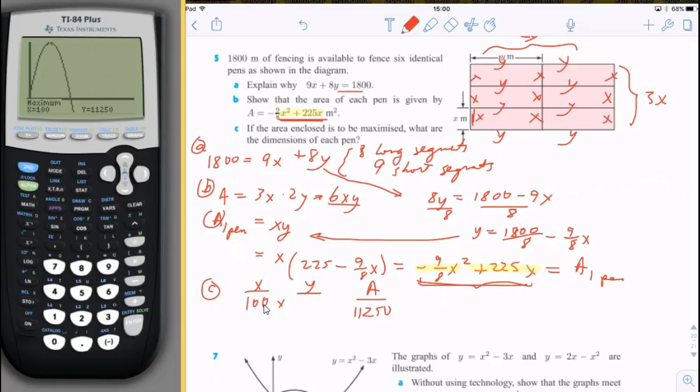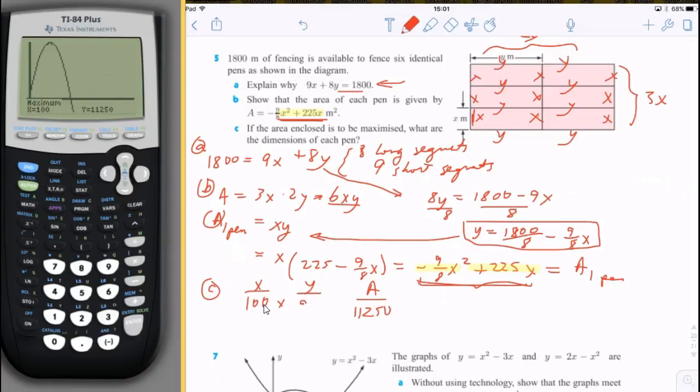Well, we can find the y dimension by using one of these equations here, this equation here, right? Which could also be expressed as this, right? So what if we put in 100 there and see what that equals? We would have 1,800 divided by 8 minus 900 divided by 8, which would be 900 divided by 8.